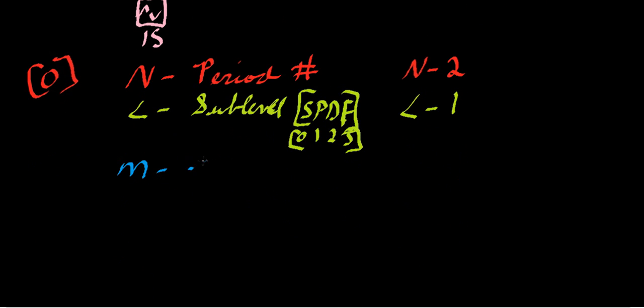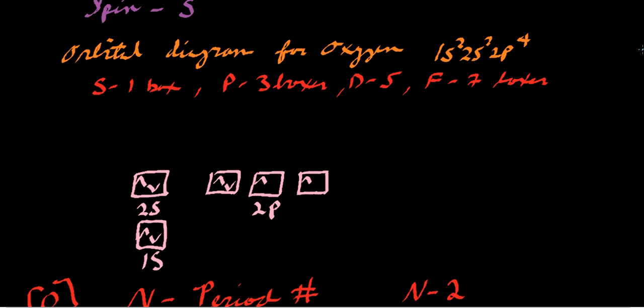M can be -3, -2, -1, 0, 1, 2, 3, etc. But to actually determine our M, the middle will always be 0.